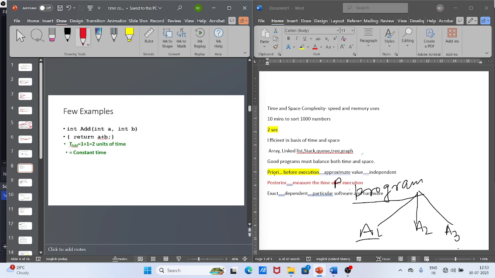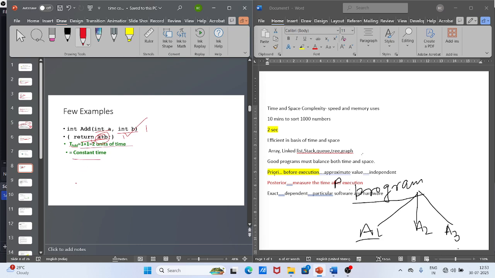Now this is one program. We just pass two variables, int a and b, and we take the value a plus b. We return the summation value. Then what is the time complexity? For this line we need 1 unit of time. For this line we take 1 unit of time. So total 1 plus 1, 2 units of time.